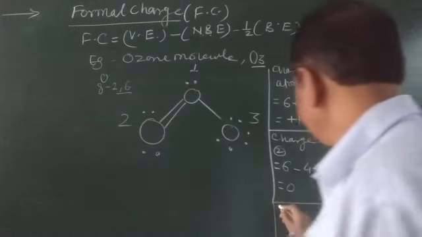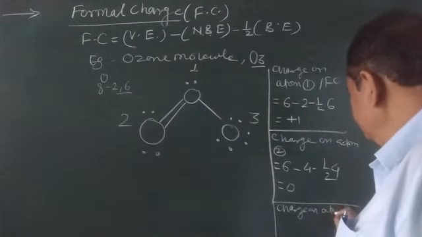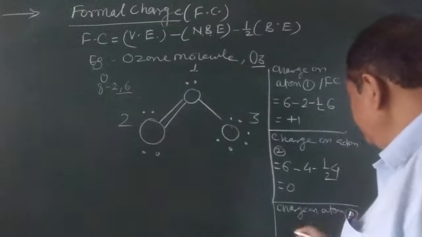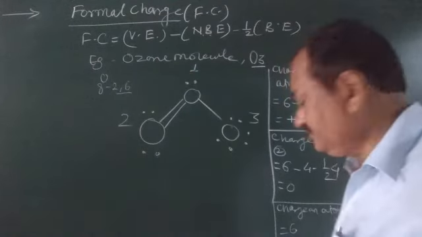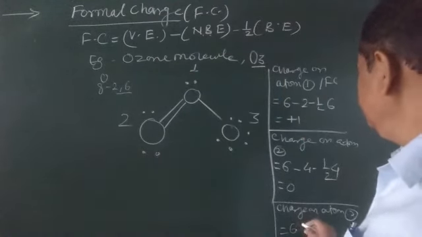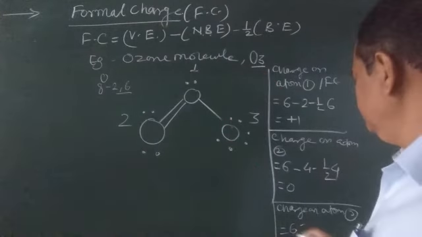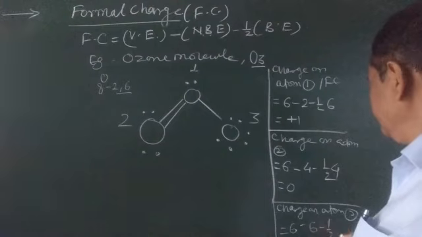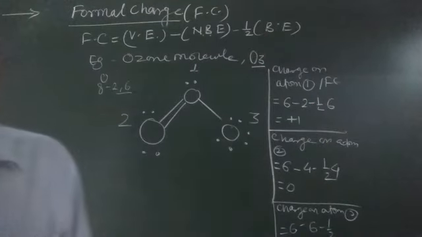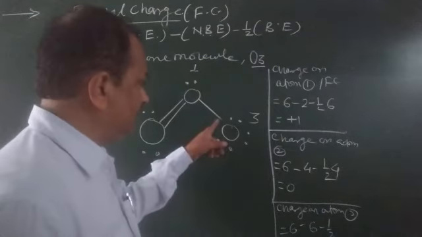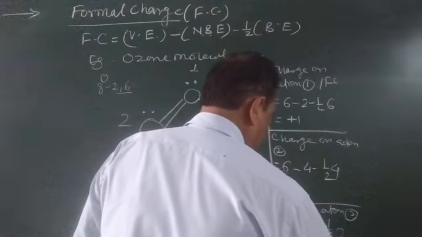Now coming to charge on atom 3. So again 6 valence electrons equal to 6. Then coming to non-bonded electrons, 2, 4, 6 minus half. And what about the bonded electrons? Bonded electrons, they are 2 because there is only one bond. So it is equal to 2.